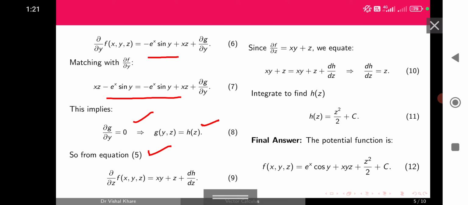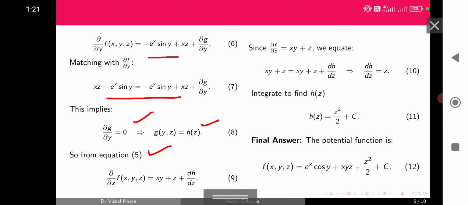So ∂f/∂z is equal to xy plus z and ∂h/∂z. We have already found that ∂f/∂z is equal to xy plus z. That's why, putting this on the left hand side, we get dh/dz is equal to z.